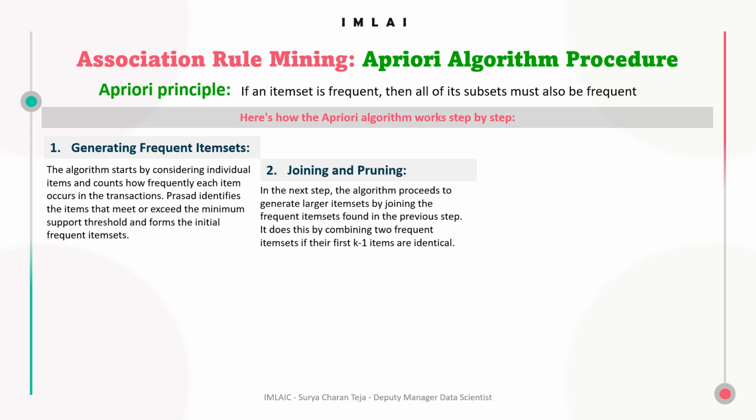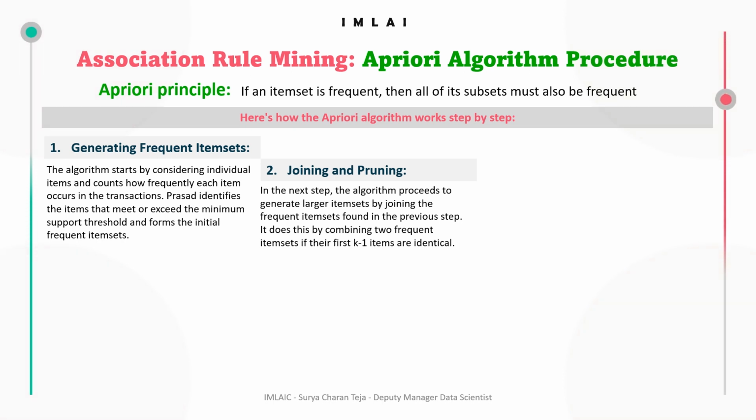For example, if Prasad found that item sets milk and bread are frequent item sets, the algorithm joins them to form milk bread. It continues this process to generate larger item sets such as milk bread diaper.